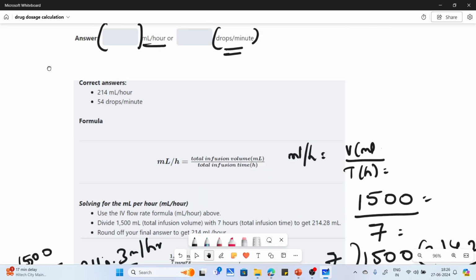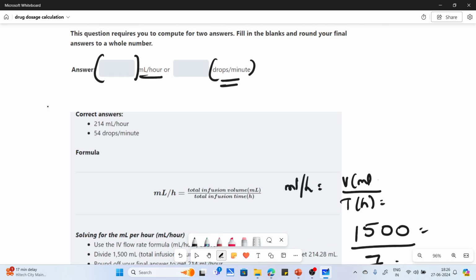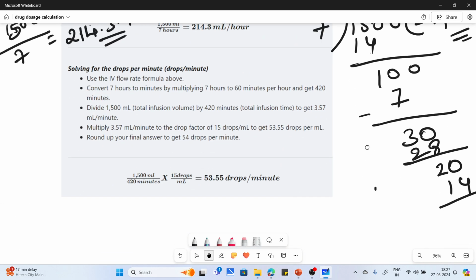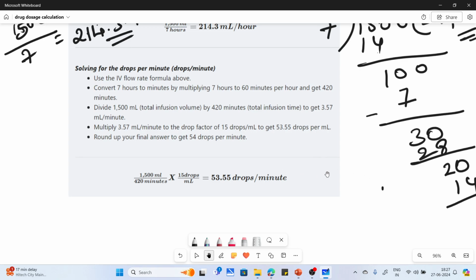So here we have got the value of 214 ml per hour, and they have also asked how many drops you will give within a minute. For that again we have to convert. The minute factor I have already told, now the formula.